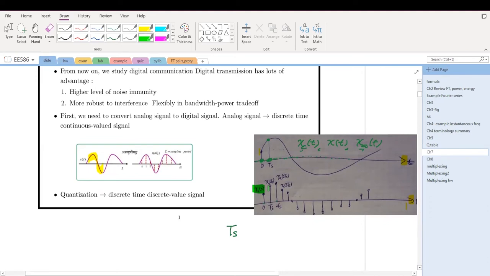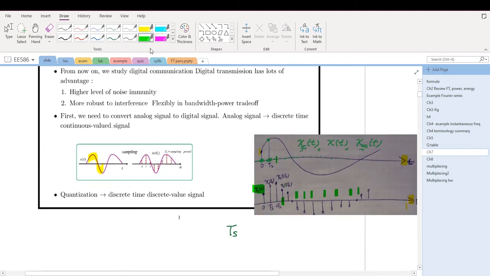Then at Ts, the next sampling time, I obtain xc of Ts. At 2Ts, I obtain xc of 2Ts. At 3Ts, I obtain the value of the signal at 3Ts, and so on.